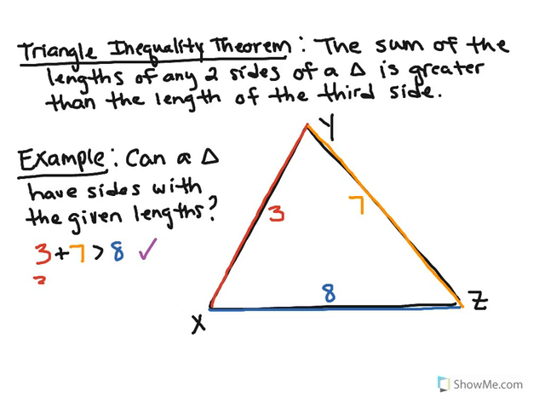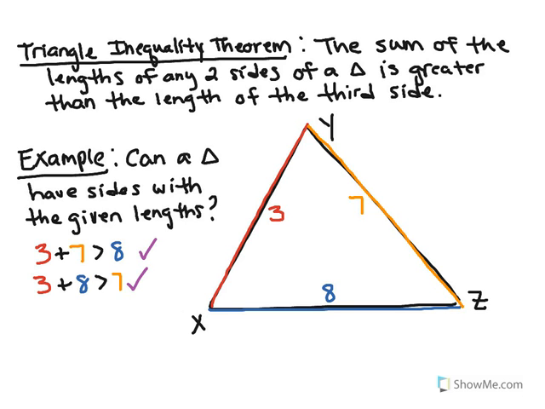Let's try adding the 3 and the 8 next. So 3 plus 8, and that should be greater than the other side, which is 7. So 3 plus 8 is 11. 11 is greater than 7, so this works as well.